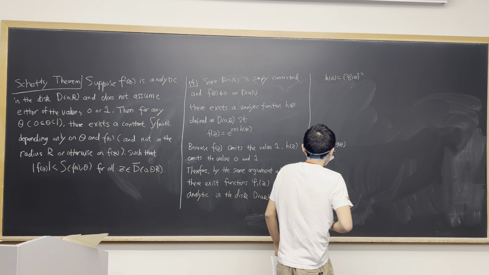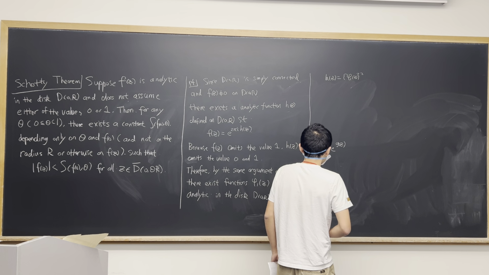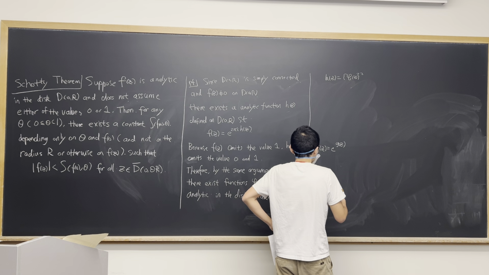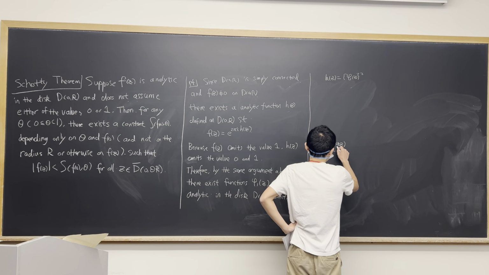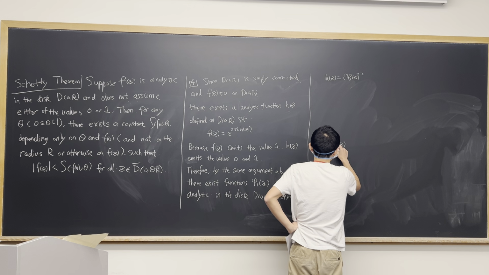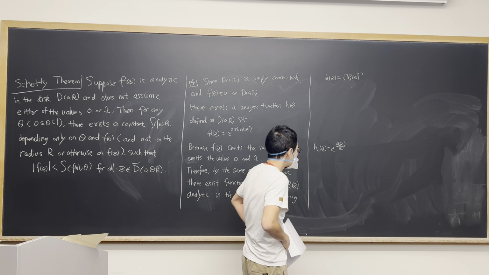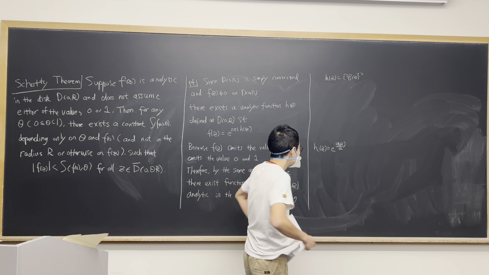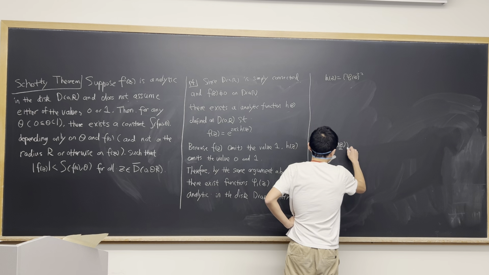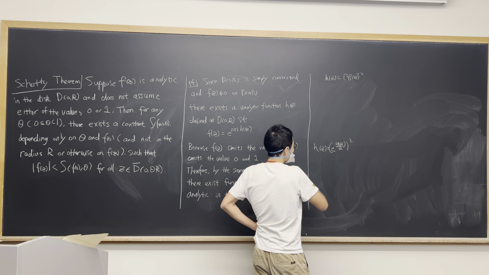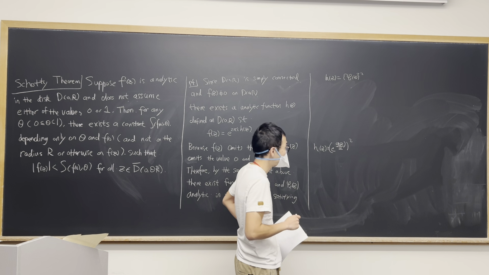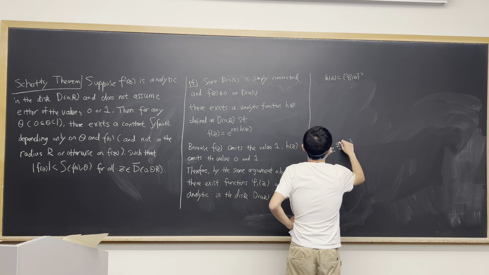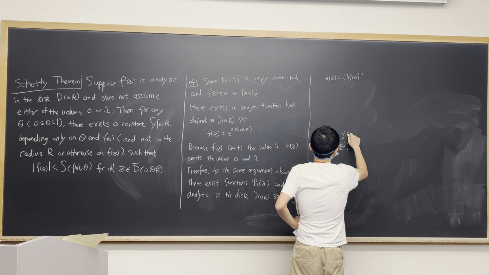And then, how do we construct the holomorphic square root? If we let our function be g(z) over 2, and then we square it, it becomes h(z) again. So this is our phi1.